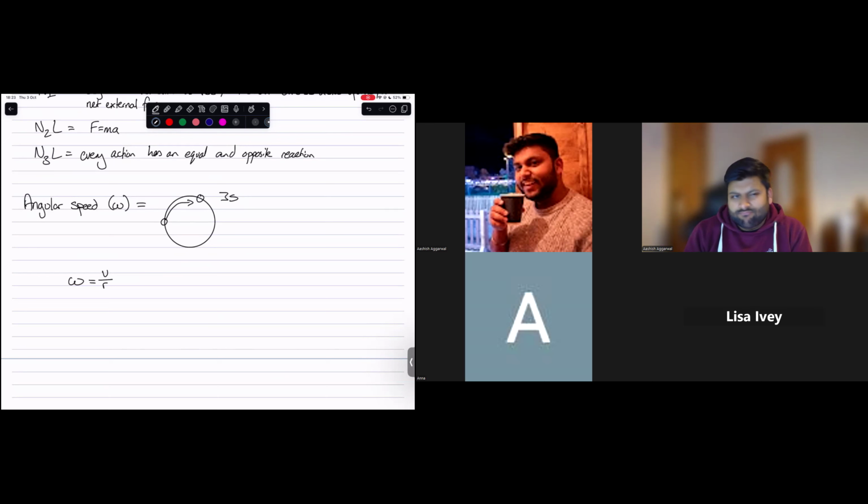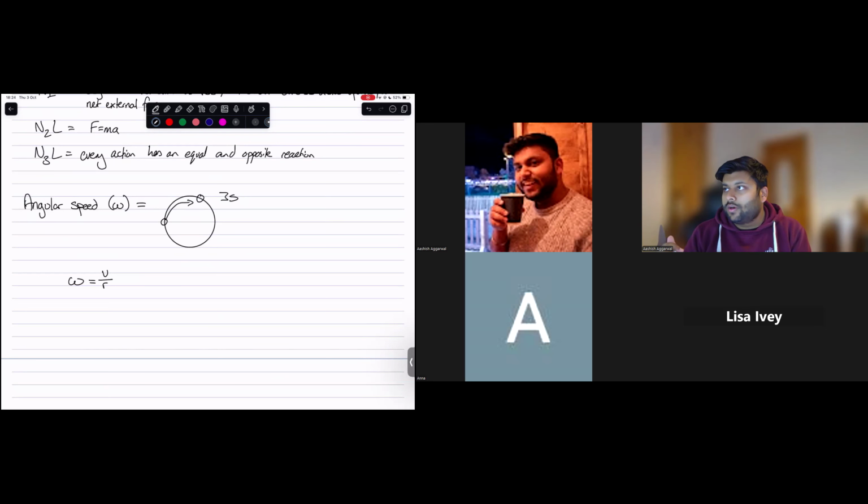Angular speed is a form of velocity, really, but you account for the fact that its direction is changing, hence the word angular. So angular speed is v over r.